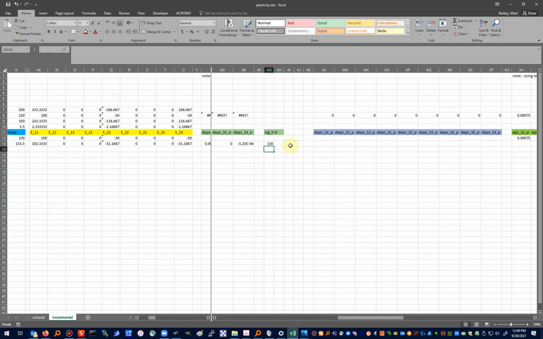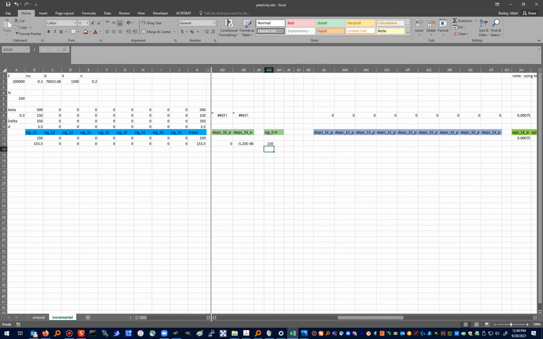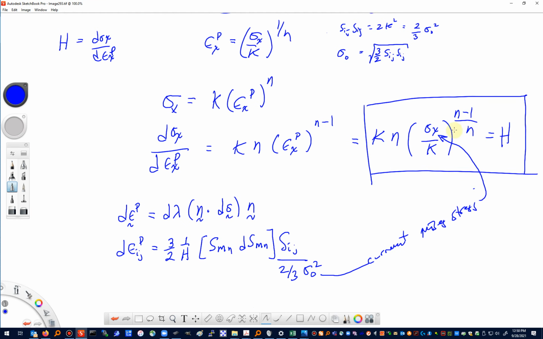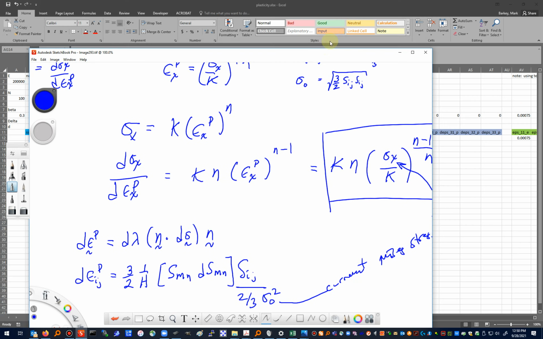Now the plastic tangent modulus is our formula that we have boxed in. So I'm going to take this and put that in.